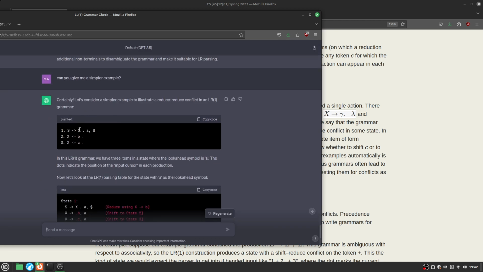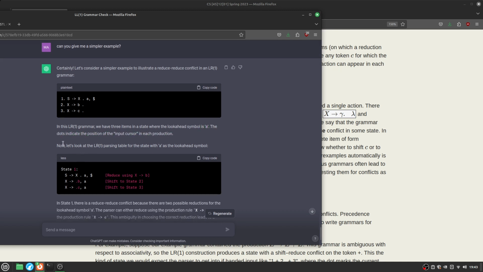All right, so we're in some state where we have S tends to X dot A and X tends to B, but X can also tend to C. In this LR1 grammar, we have three items in a state where the look-ahead symbol is A. The look-ahead symbol is A because A can occur after X. The dots indicate the position of the input cursor.